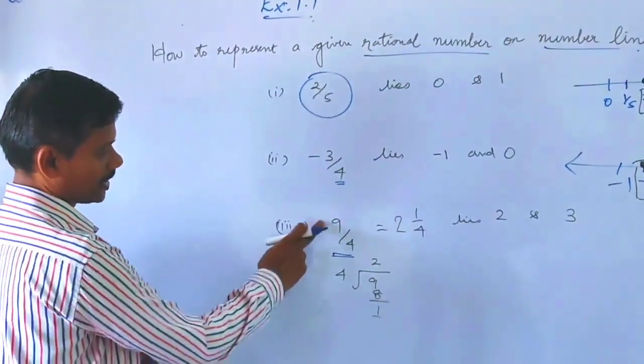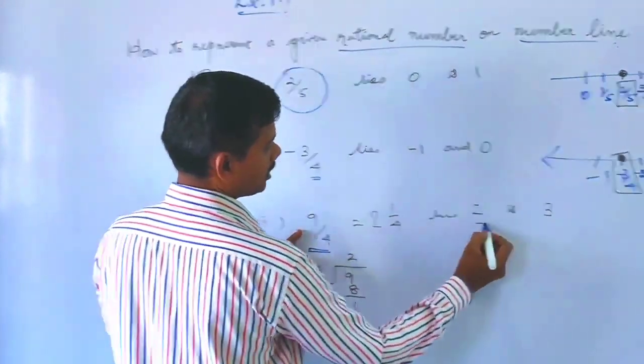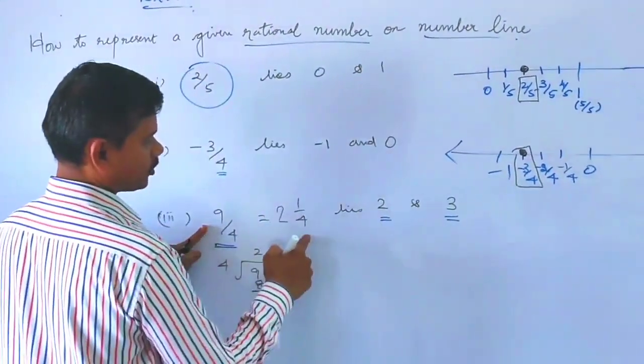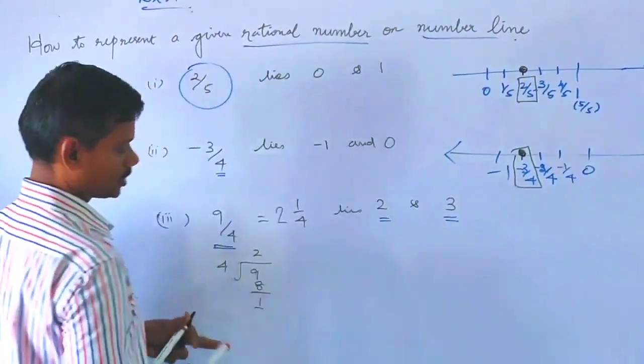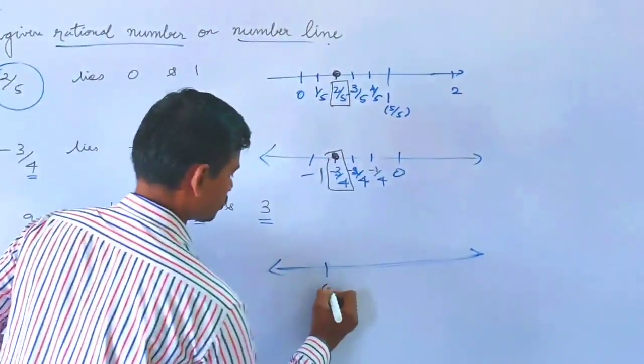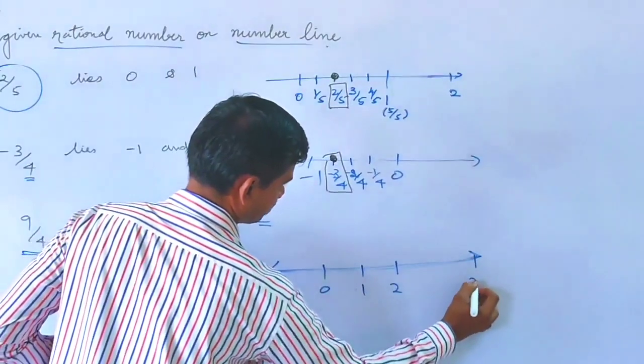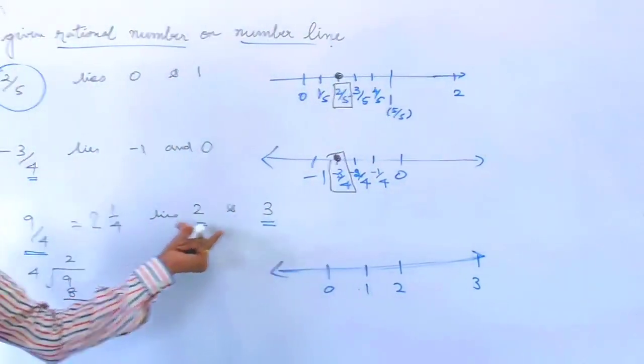Then the third one, 9 by 4. 9 by 4 is written as 2 1 by 4, and we found that 2 1 by 4 lies between 2 and 3. So now on the number line, I am drawing 0, 1, 2 and 3. Here the number lies between 2 and 3.